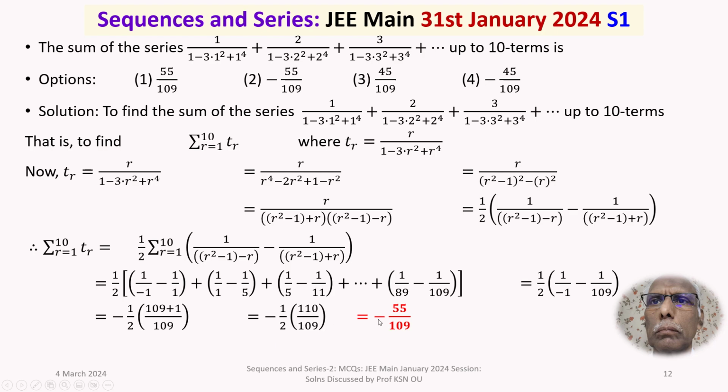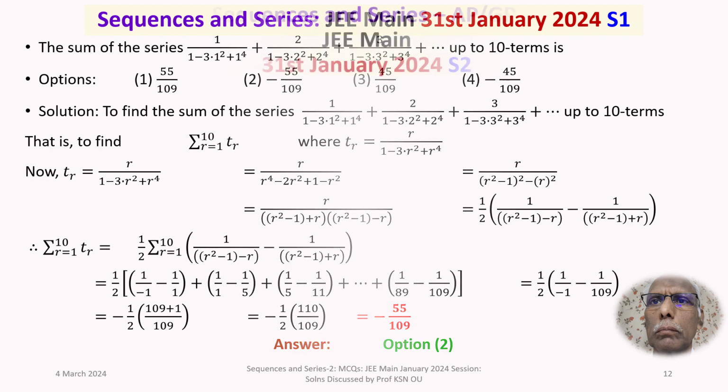After cancellation, you will get minus 55 by 109. That is the sum of the given series. Let's look at our options. So this is precisely option 2. The answer to this question is option 2, and that is the detailed discussion of the solution of this problem. It is definitely an easy question. I am sure that you have understood the solution of this problem.